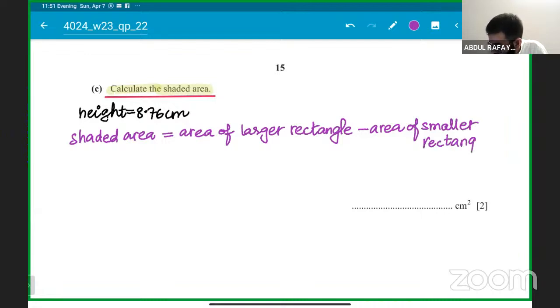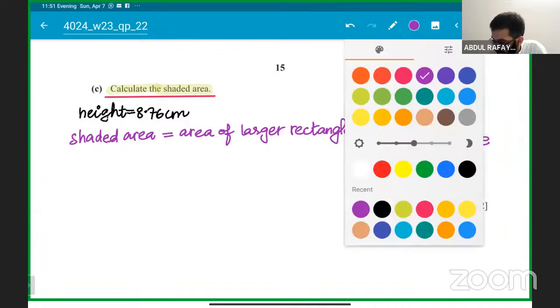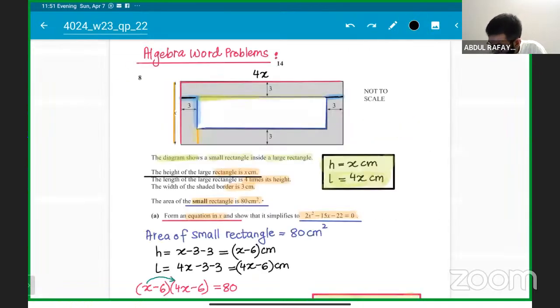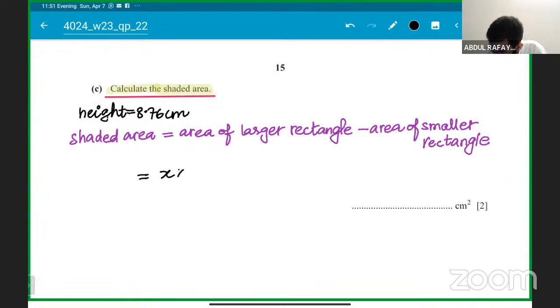We already know the area of the small rectangle is 80. Area of the larger rectangle is 4x times of x. So it will be x times of 4x minus 80 will be the answer. Okay, students, x times of 4x minus 80. So it will be, sir, 4x square minus 80.